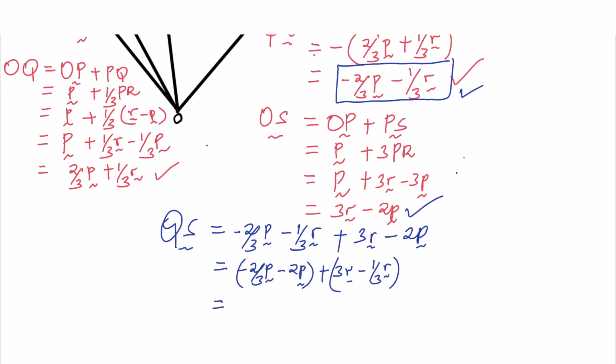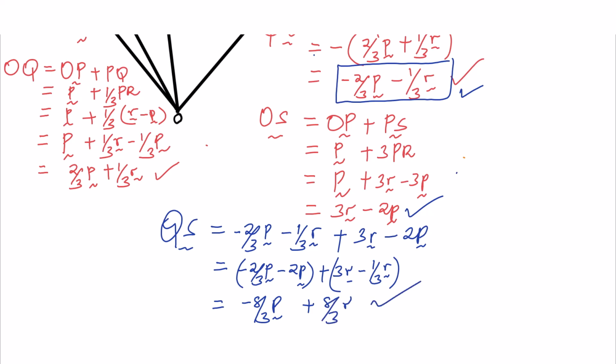So negative 2/3 p minus 2p will give negative 8/3 p, then plus 3r minus a third r will give 8/3 r.